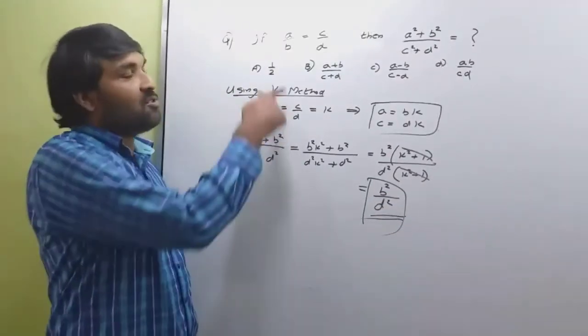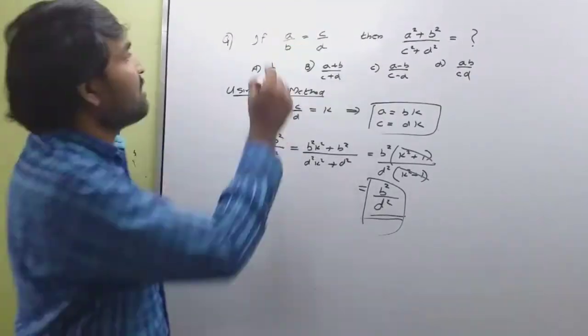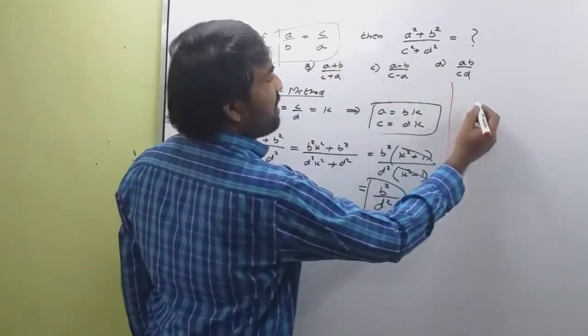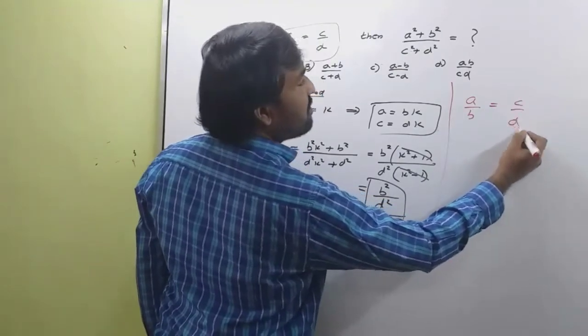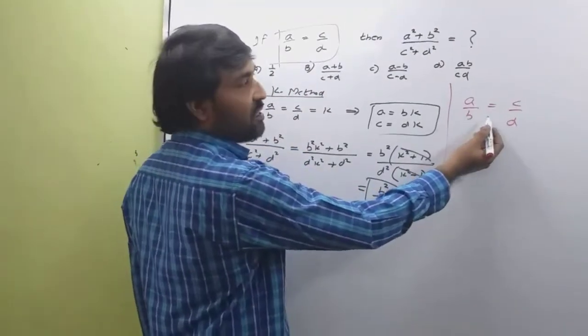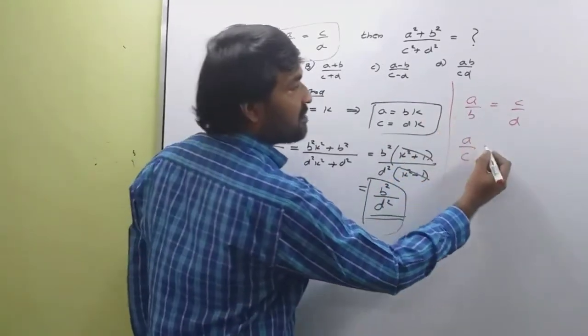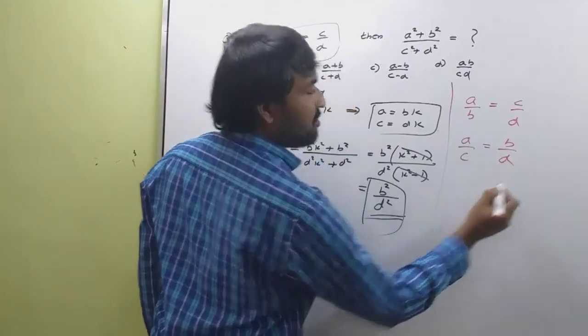But this is not given in the option. So we can consider this a by b. So we can write this is a by b is equal to c by d. So from this expression we get a by c. I am taking c here, cross multiplying. A by c is equal to b by d. Right.